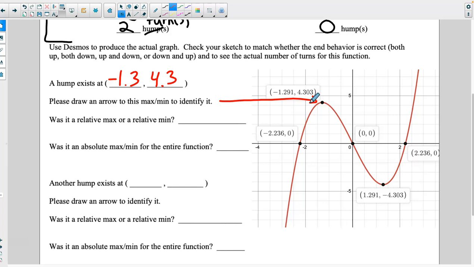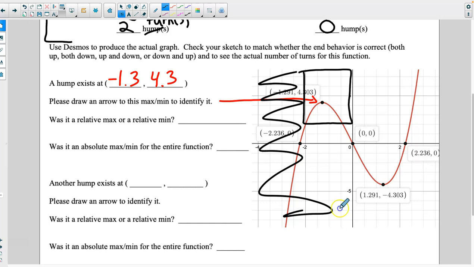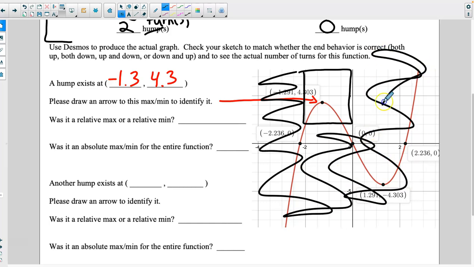Was it a relative max or relative min? Well, what does relative mean? Relative means that we are only looking at a very tiny portion of the graph. So if I looked at just right there and blacked out everything else, that'd be a relative max. It is not a maximum for the entire function, which is what we call an absolute max or min.